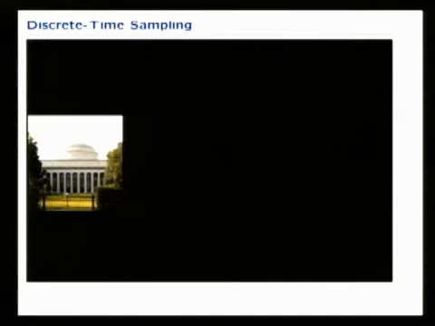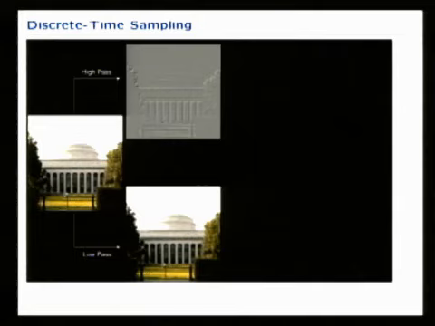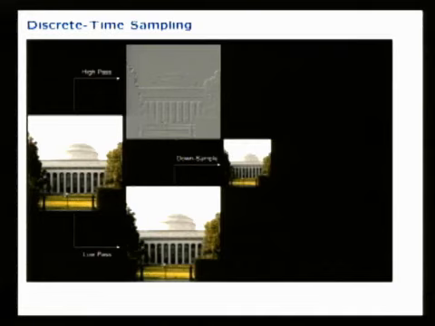And what I want to do in order to send a lower resolution version of that is low pass filter it because I don't want the frequencies to alias. That gives me a representation that I can then downsample. Okay, so this had the same size, but this one has fewer high frequency components.